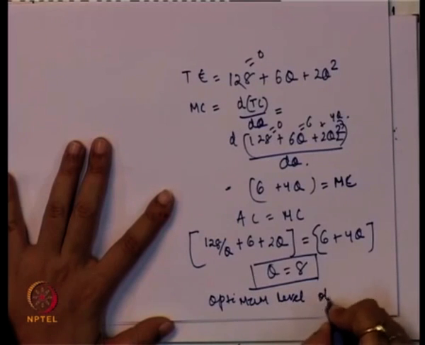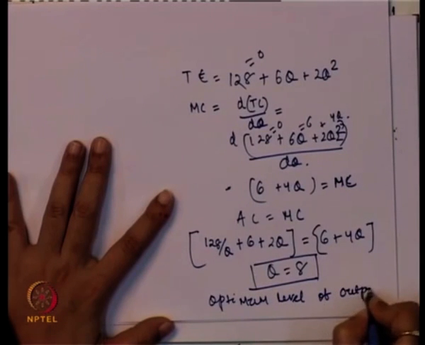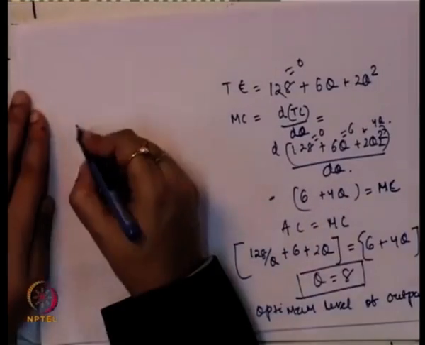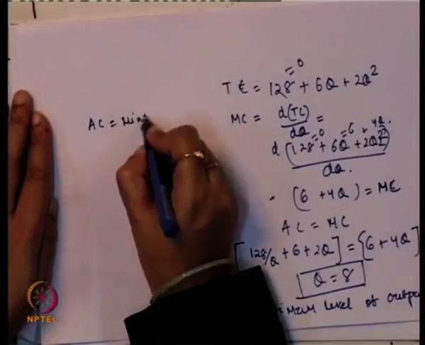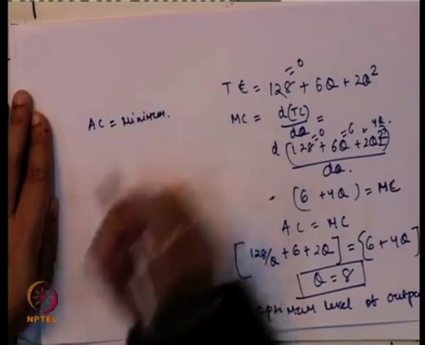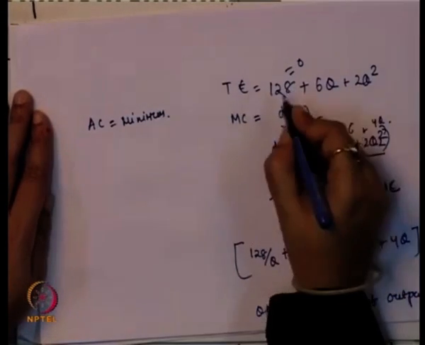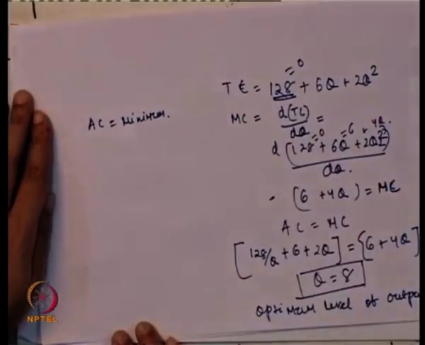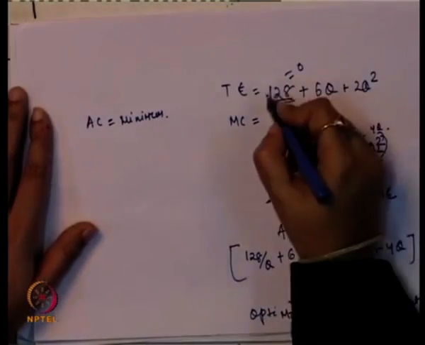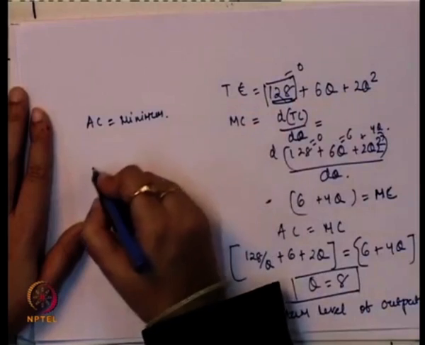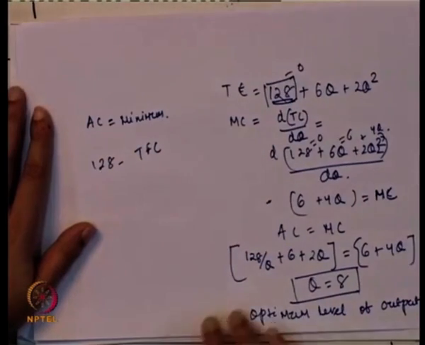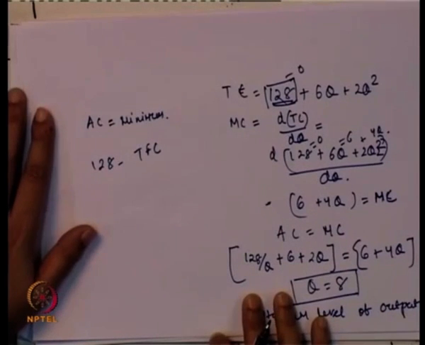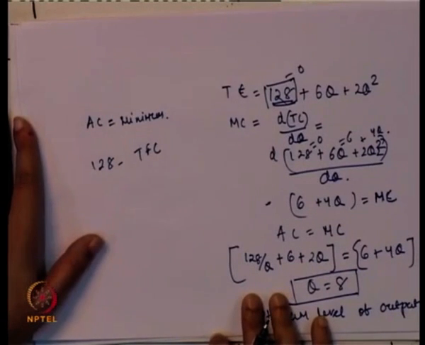Q equal to 8 is the optimum level of output where average cost is minimum, and we can say that this is a short run cost because we have an amount of 128 over here. So, what is this 128? 128 is the total fixed cost, and if you remember, we get fixed cost only in the case of short run.